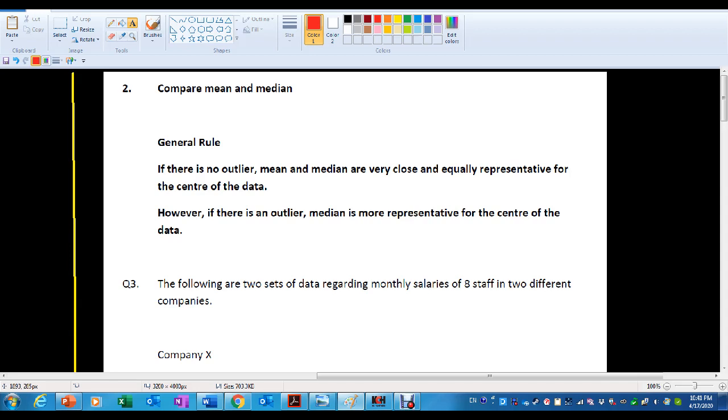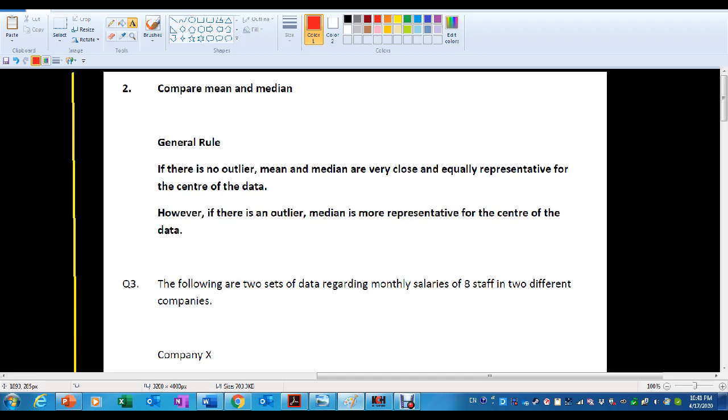But the problem is when you have an outlier, the situation will change. When there's an outlier, either it is particularly bigger or particularly smaller than the rest of the data. Whatever it is, the median becomes more representative because the median is not affected by the presence of an outlier.